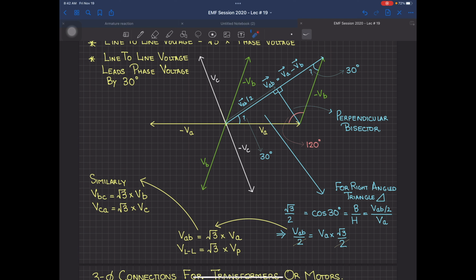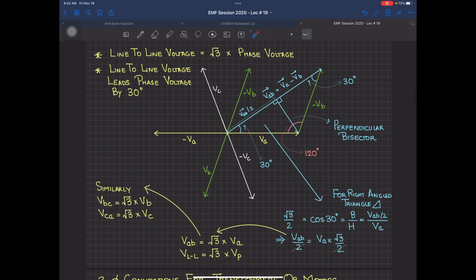Now you can do the very same proof for the other ones. That is VBC will be equal to under root 3 times VB. Same thing, VCA equal to under root 3 times VC. So a generic formula can be written, and that generic formula is that line to line voltage is equal to under root 3 times the phase voltage.